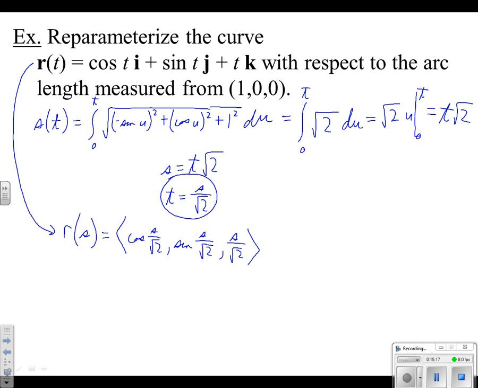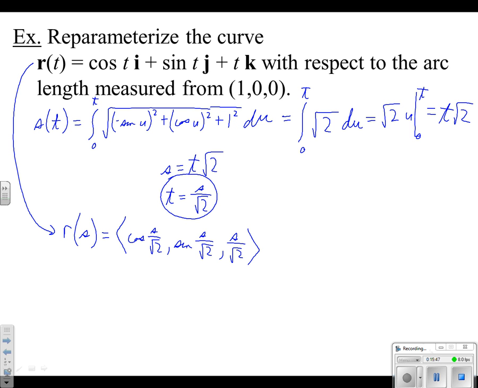Well, if you have the arc length parameter like this one, it will take 1 unit of s for us to travel an arc length of 1 unit.